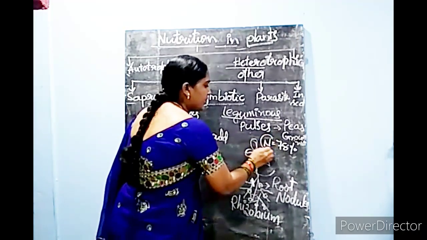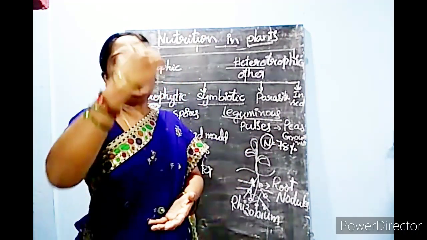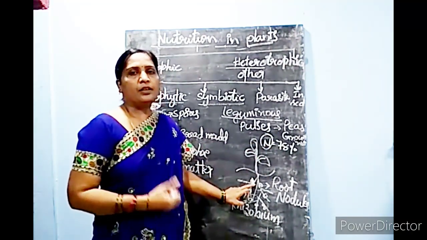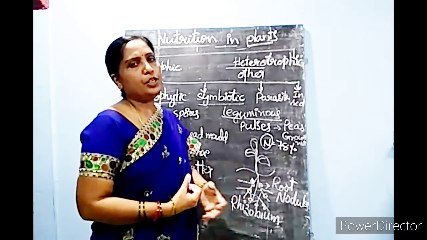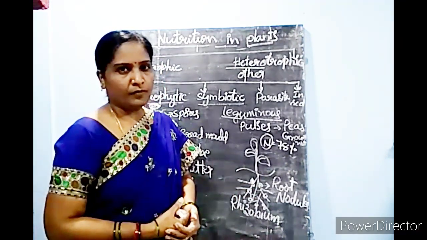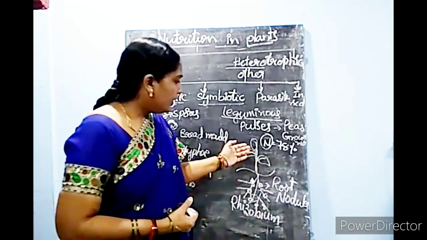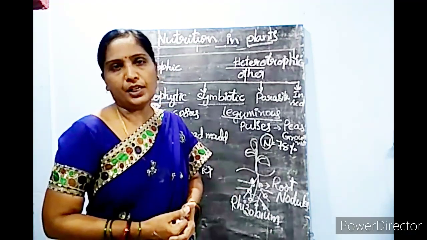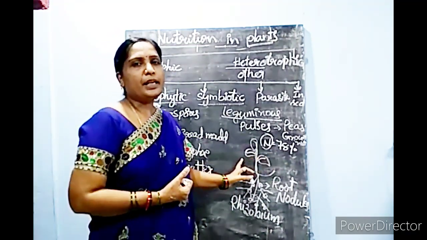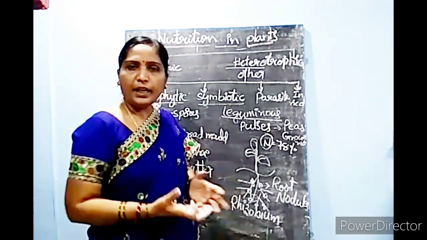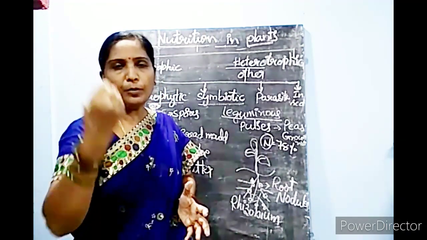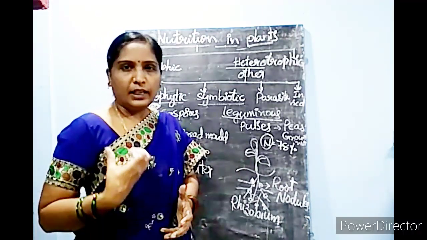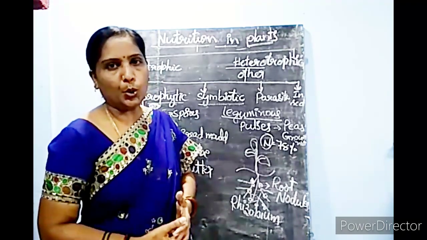And nitrogen is very essential for plant growth. It is a compulsory nutrient for the plant. But these plants cannot directly take atmospheric nitrogen. Legume plants do not have the capacity to absorb atmospheric nitrogen and use it for their life activities or for their growth.